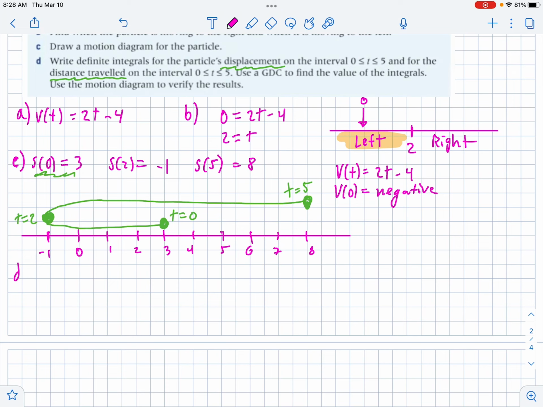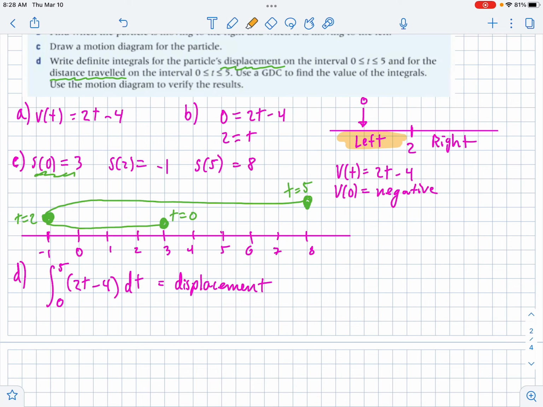So what we're going to do, that was part C, this is part D, is go from 0 to 5, and we're going to integrate the velocity equation to get back to displacement. This is going to be the displacement, because it's not the absolute value one.